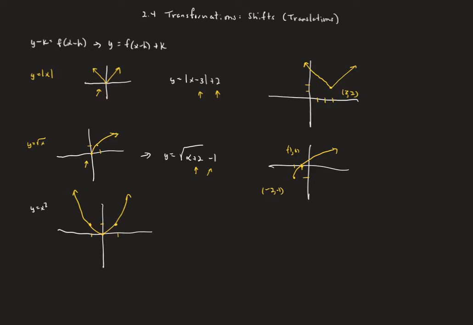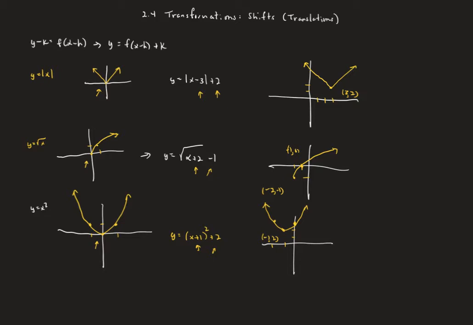So if we look at, say, y equals x plus 1 squared plus 2, then this is going to be the same shape, but that point that was at the origin is going to go left 1 and up 2. And so we're going to have the point negative 1, 2. And then we can go over 1 and up 1 and get another point, and left 1 and up 1. And that is going to be our translated parabola.